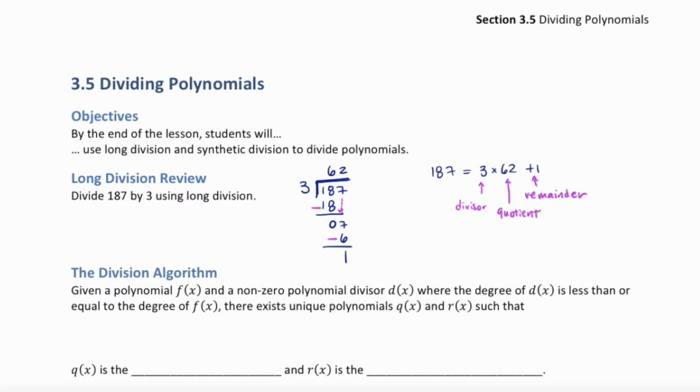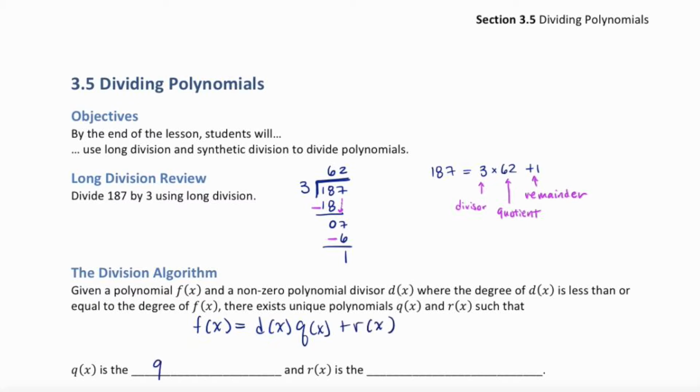Now let's discuss the division algorithm. Given a polynomial f of x and a non-zero polynomial divisor d of x, where the degree of d of x is less than or equal to the degree of f of x, there exist unique polynomials q of x and r of x such that f of x equals d of x times q of x plus r of x.